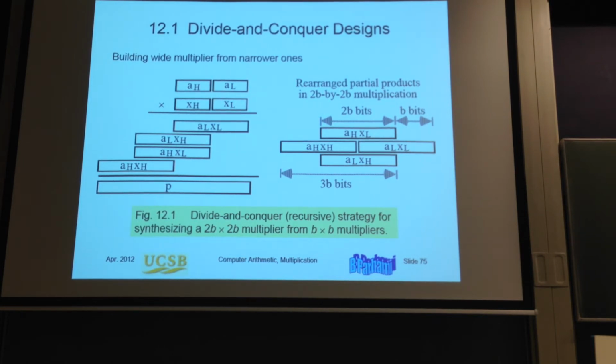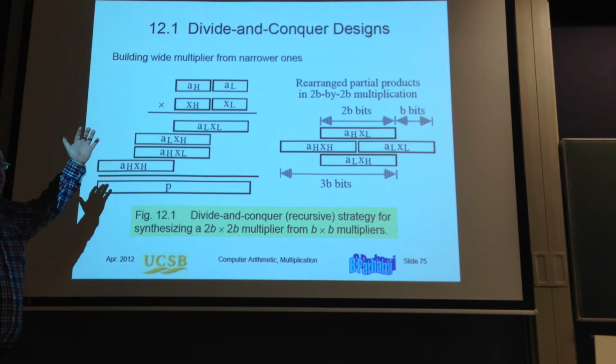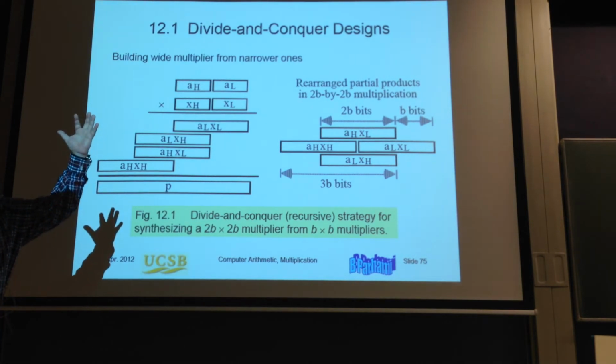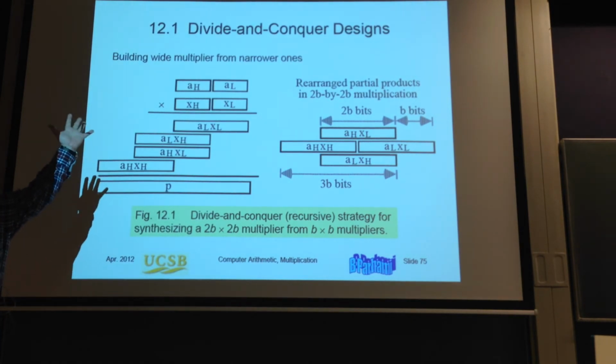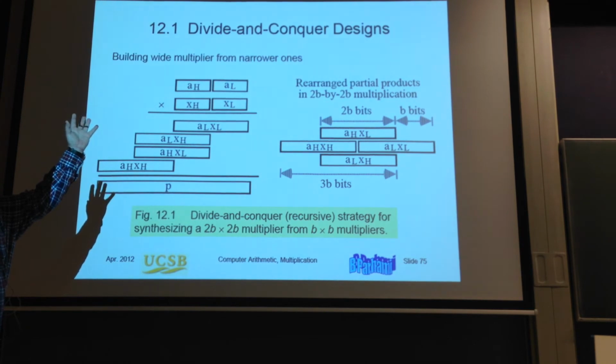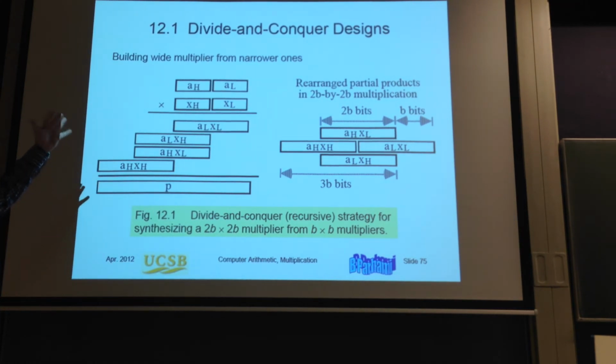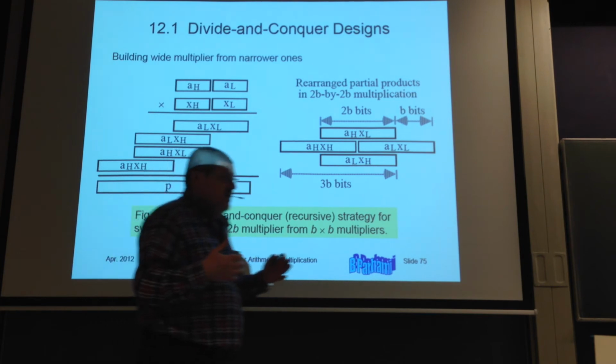Then it is like a high radix multiplication. But A low and A high can actually be 16-bit operands if I'm doing 32-bit multiplication. And this is bringing me to the idea of applying multiplication in a hierarchical way, and I'm doing the following.